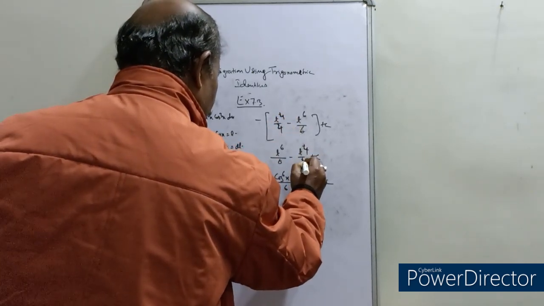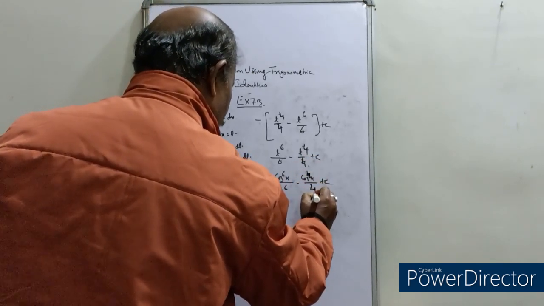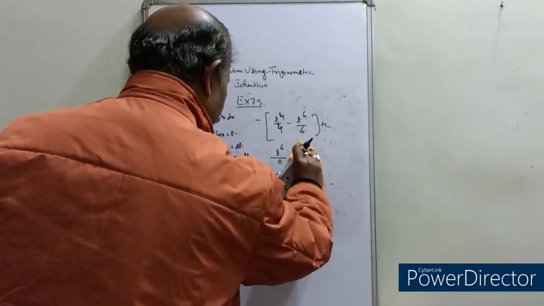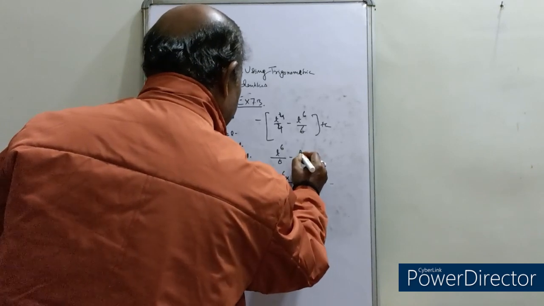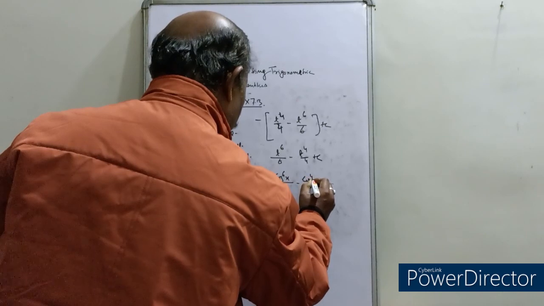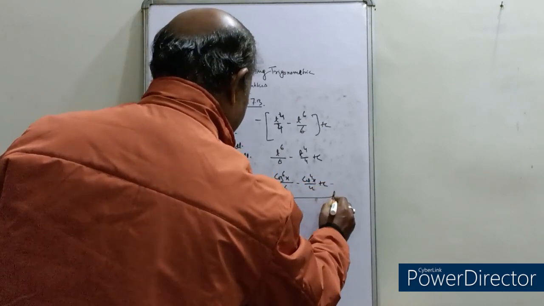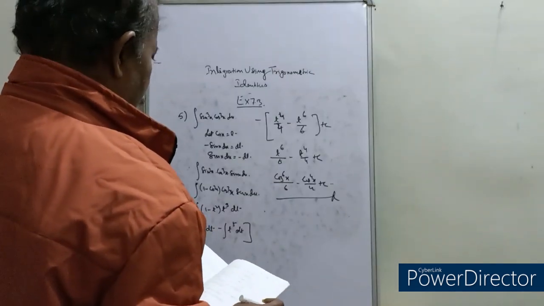So this will be cos 4x by 4. Let me rub it and write it again here. So this will be t4 by 4 plus c, so cos 4x by 4 plus c. This is your answer. So here you see that this answer resembles your book answer.